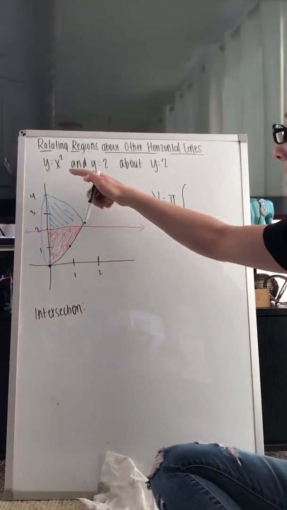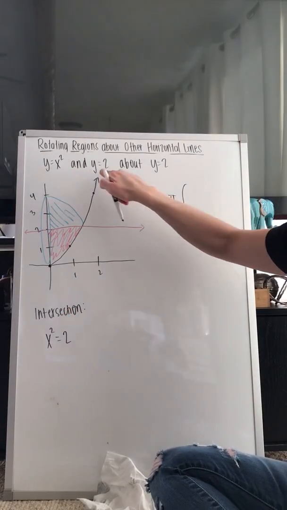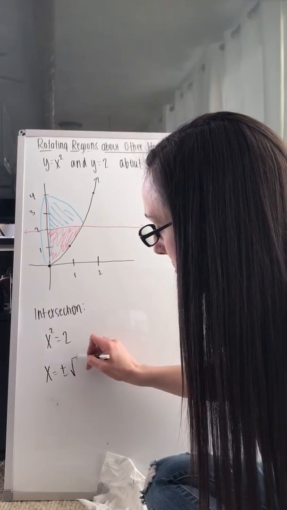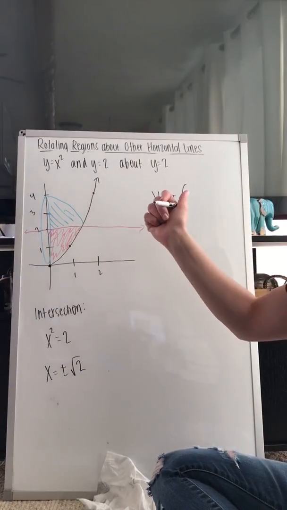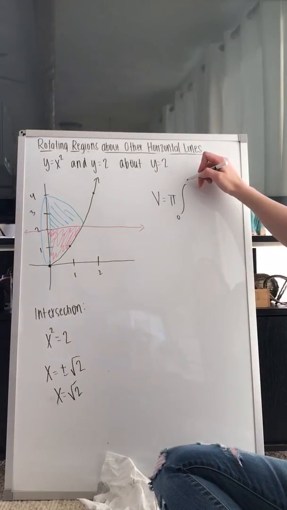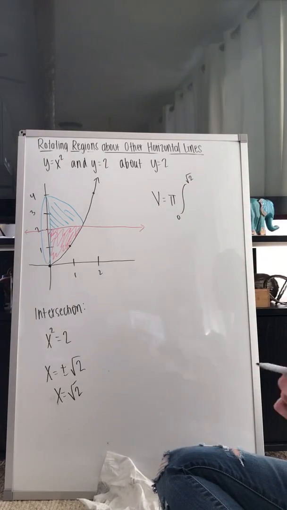So when I set x squared equal to 2, set these two equal to get the intersection points, if I take the square root of that, my x value is going to be either plus or minus the square root of 2. Well, obviously we're only working in the positive direction here, so my intersection point would be the square root of 2. So I'm working from the x value of 0 to the x value of root 2.